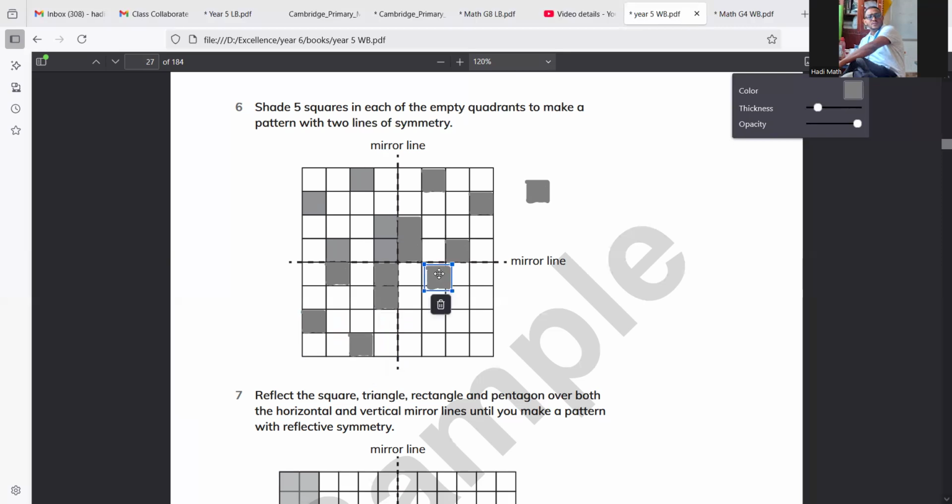Then I'm going to shade those two here, so to fold over those two next to the mirror line. And I will be shading this one, so to fold over this one. And I will be shading this one.